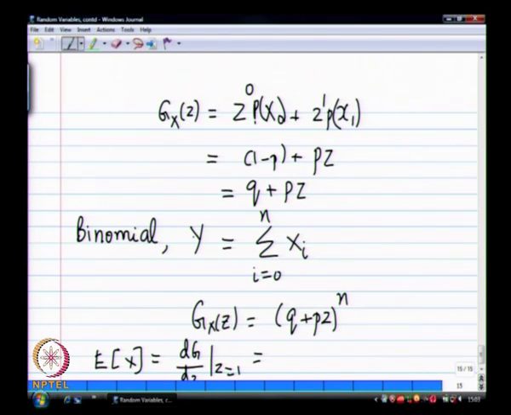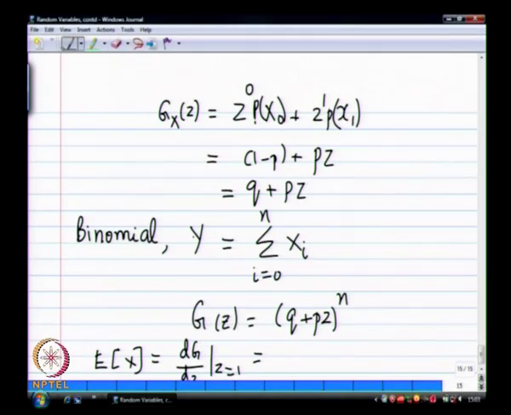Okay, I can erase them very clearly. Yeah. So what is this going to be?